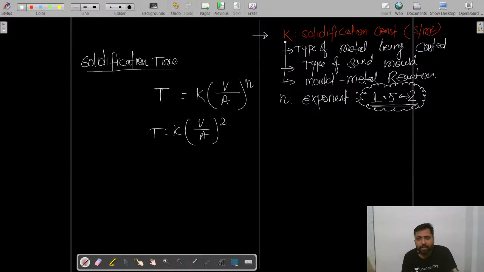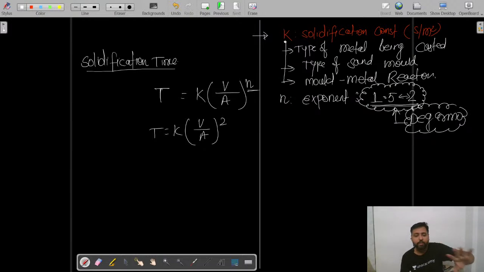Okay? And this was suggested first time by a person named D. Garmo. Yes, after Chvorinov, and this was found to be very much true practically, that this exponent n value can range anywhere between 1.5 to 2. It's not like the fixed 2, k into (V by A) whole square.